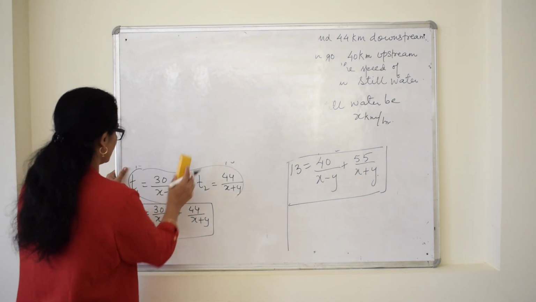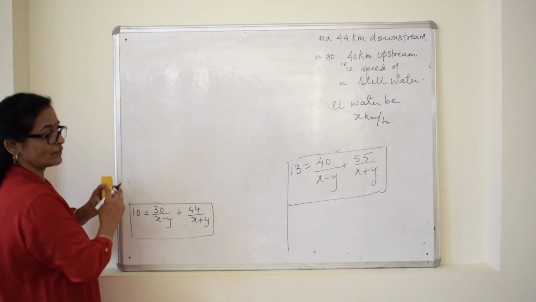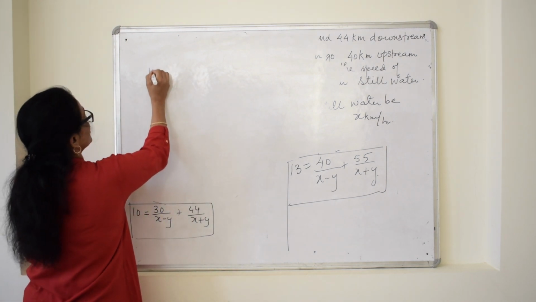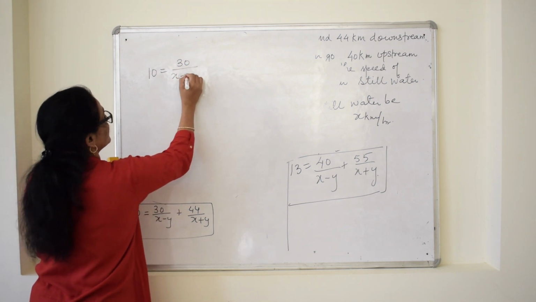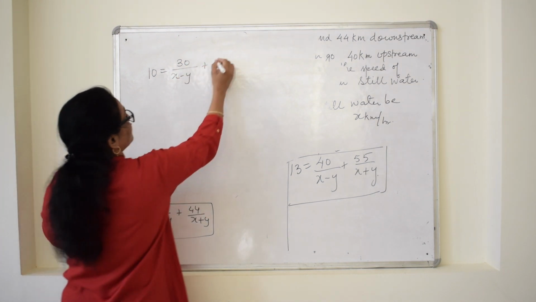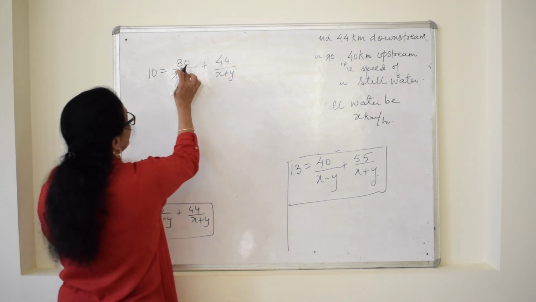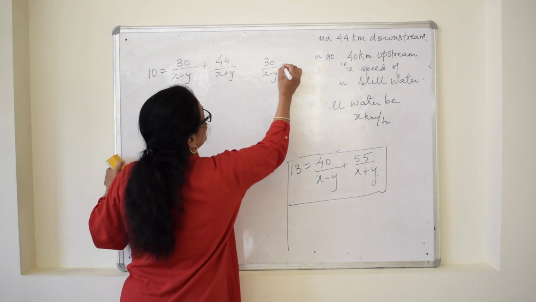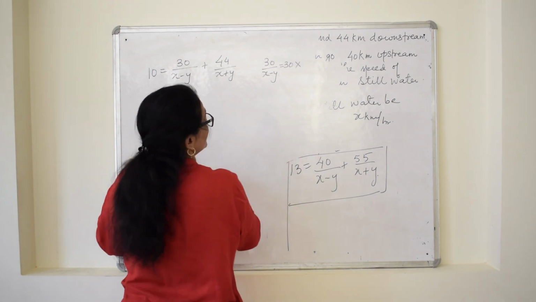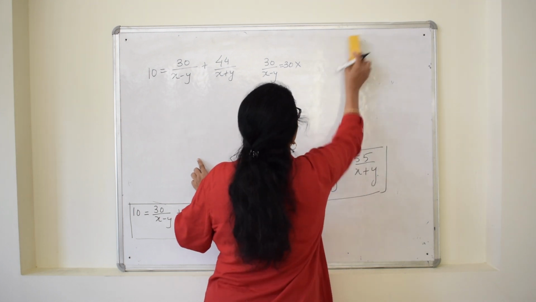So this is 30 by x minus y. First equation is 10 is equal to 30 upon x minus y plus 44 upon x plus y. Now 30 upon x minus y is equal to 30 into 1 upon x minus y, isn't it?